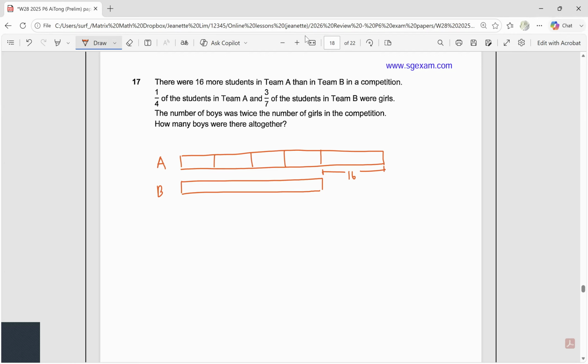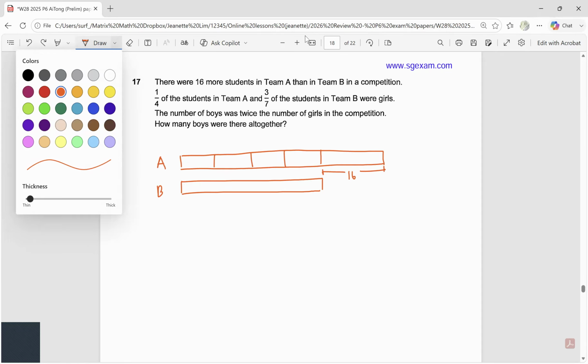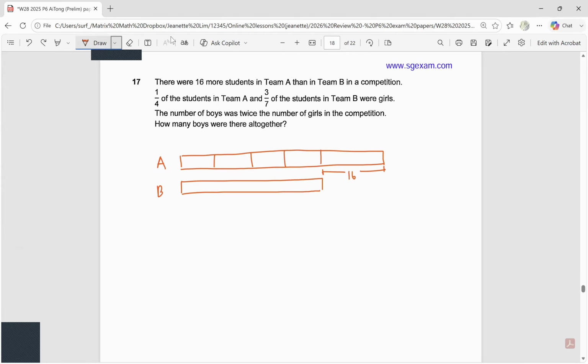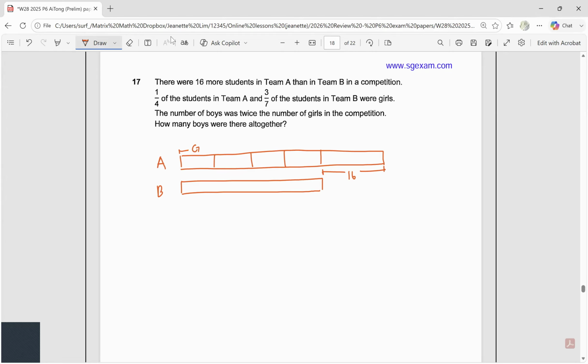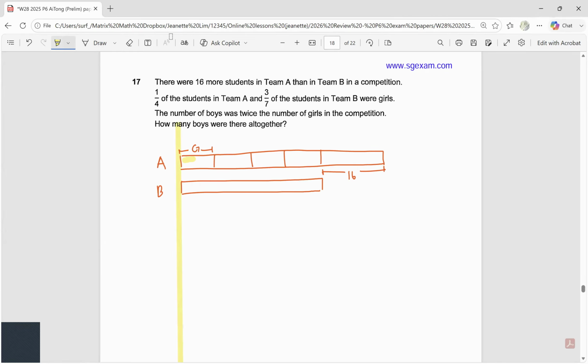Not remove, but they represent the girls, right? So let's take from the front and shade. Okay, so this one is for girls. I use highlights.